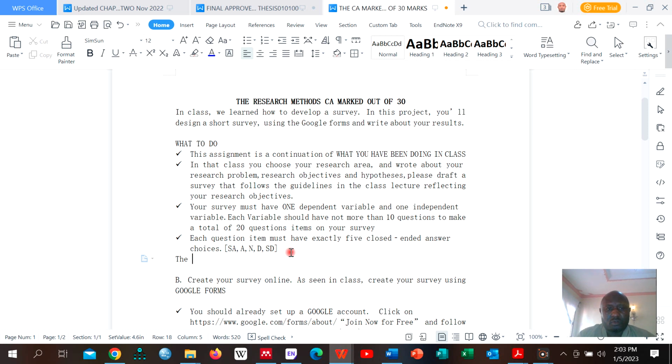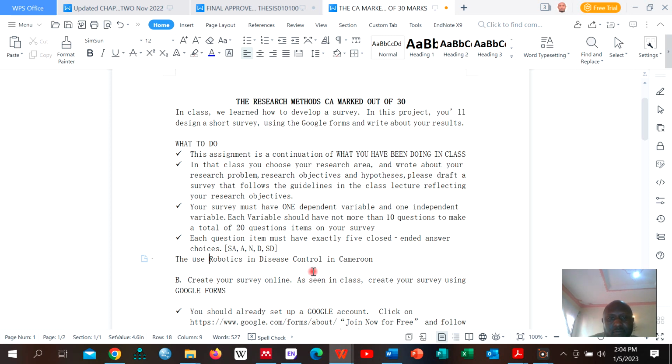So the topic is robotics in disease control in Cameroon. So you can say the use of robotics in disease control in Cameroon.